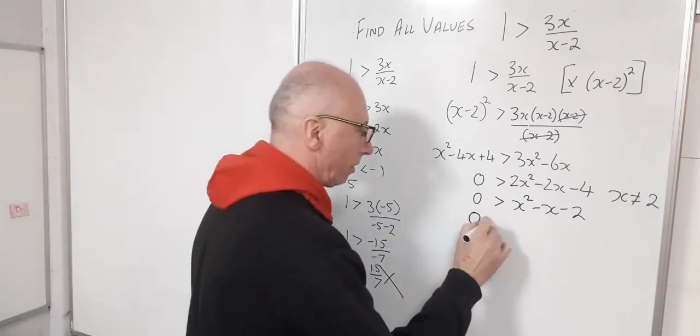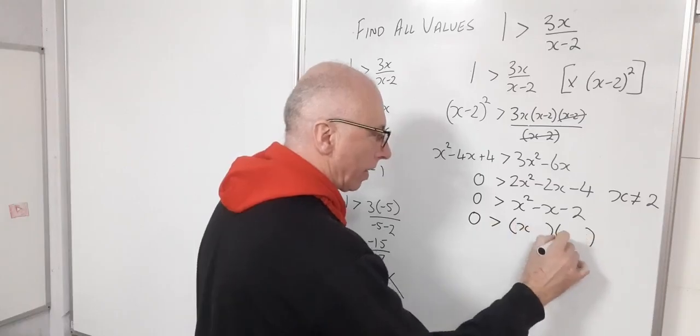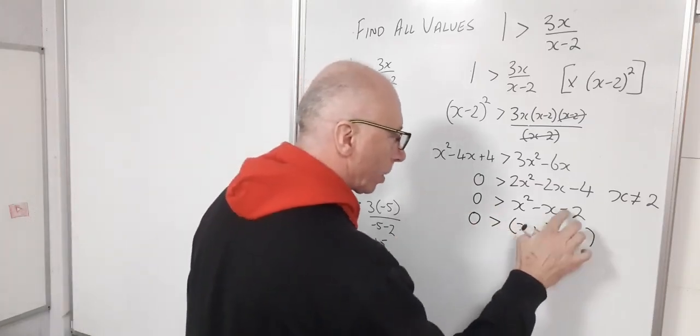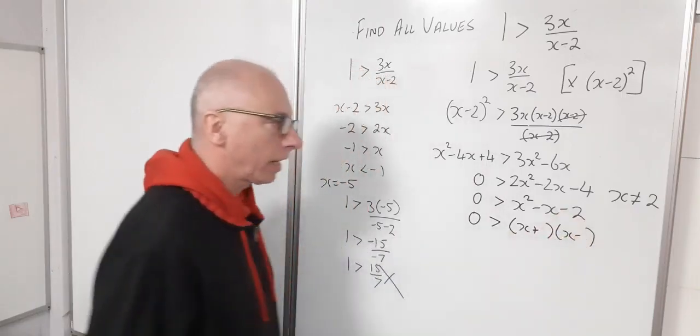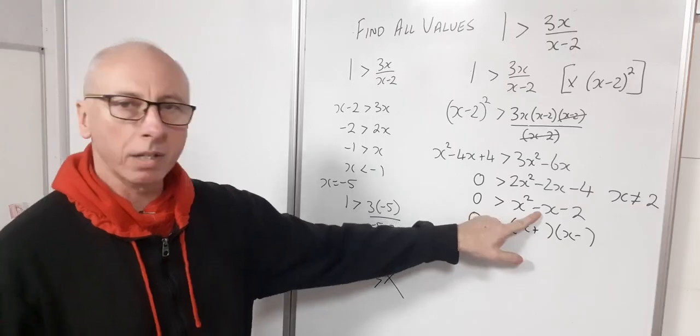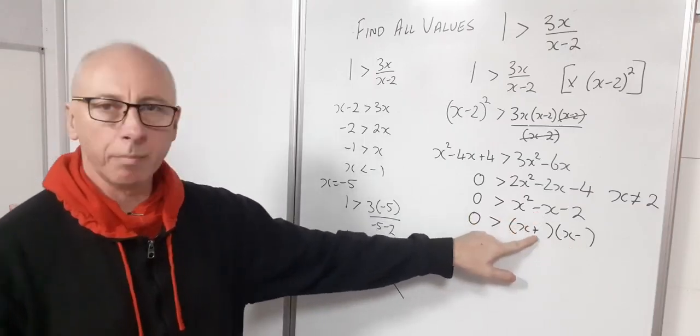So 0 is greater than x and another x. I need a plus and a minus because I've got this minus sign here. That's the first thing I can see. And because I've got a minus here, I need my bigger number to be with the minus sign. So I'm going to put minus 2 and plus 1.